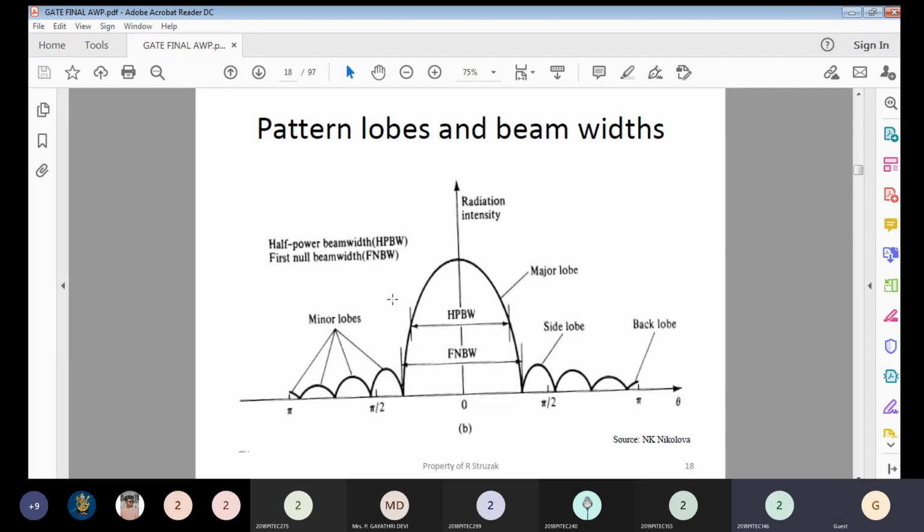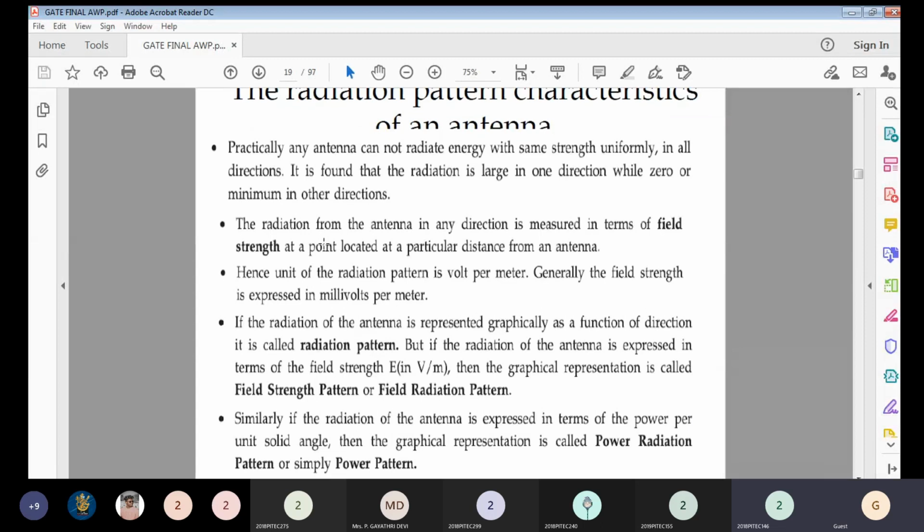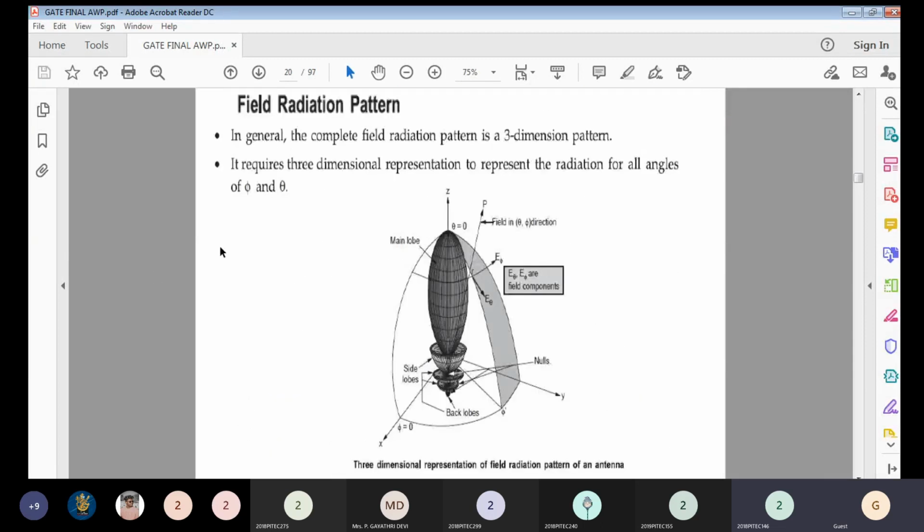Coming to the next concept, this is about the pattern lobes and beam widths, which you can refer to here. These are the radiation pattern, or we can simply call it the field pattern. Generally, this pattern has types of lobes.